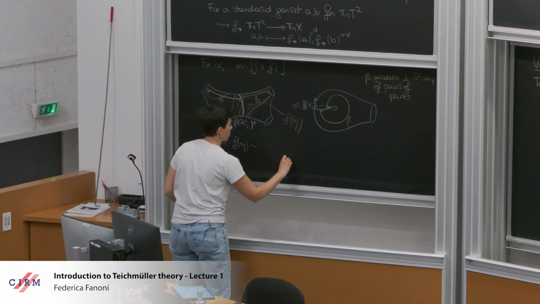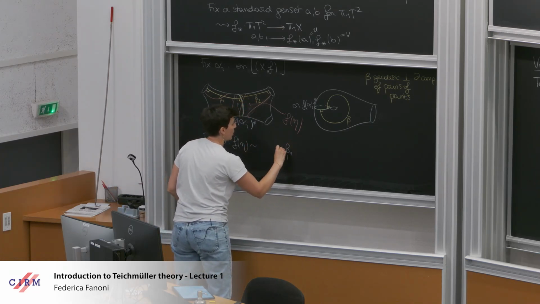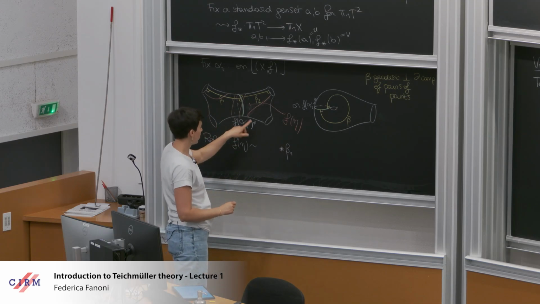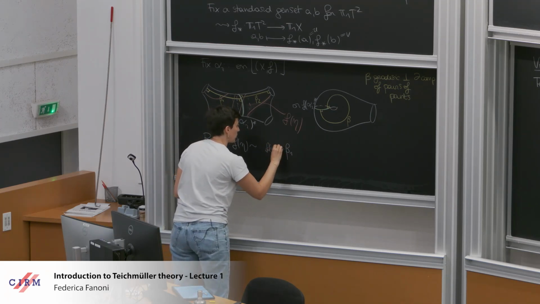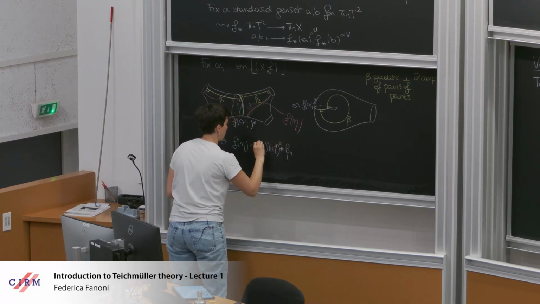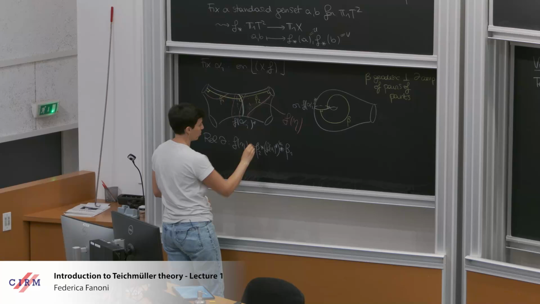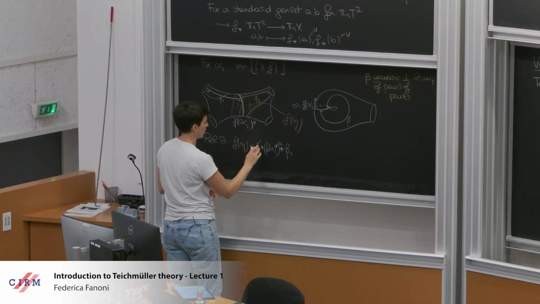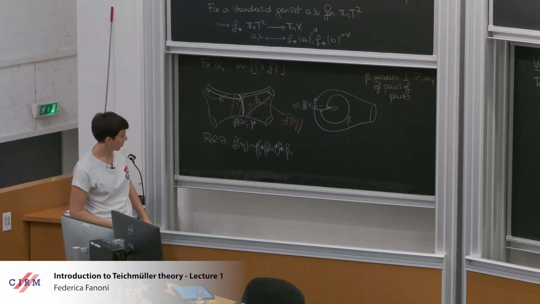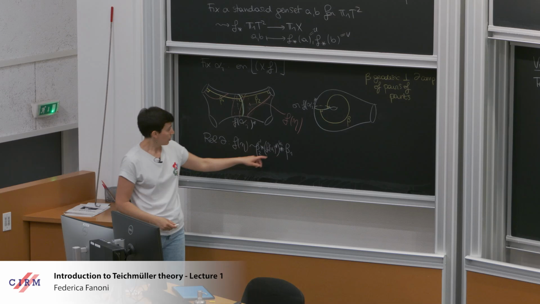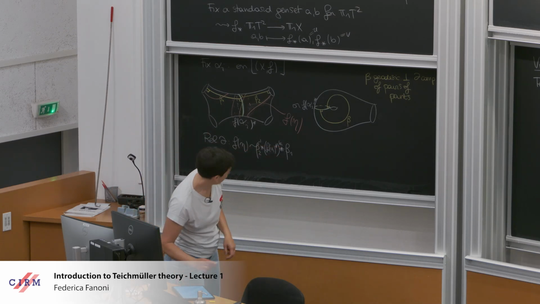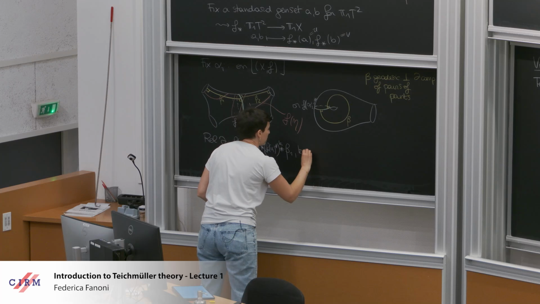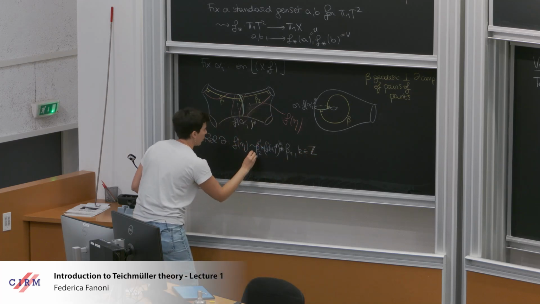So this is going to be homotopic to beta 1, then a certain number of times that I do the thing in the middle, and then beta 2 inverse, depending on the order that you chose. So there's some number k that comes here, and k is an integer in Z. This is up to homotopy.